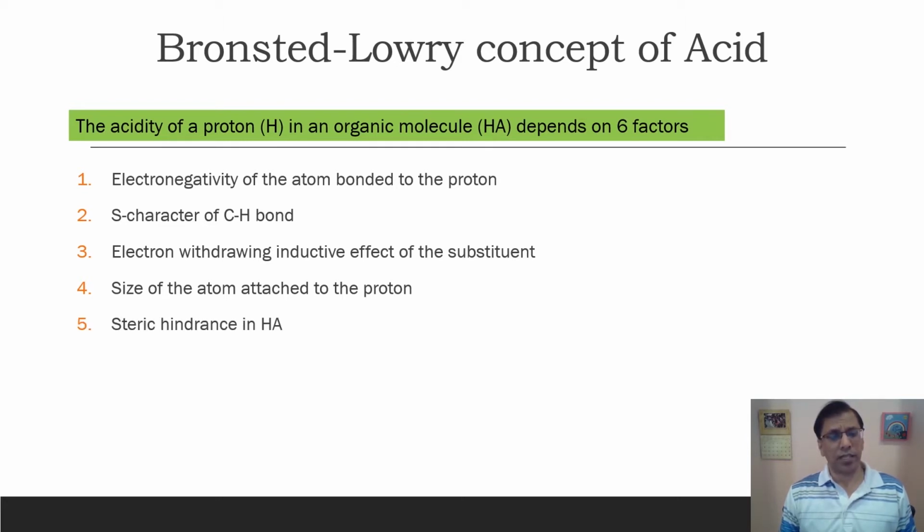The fifth factor is the steric hindrance in the organic molecule. And the last but most important factor is the delocalization of electrons by resonance in the anion that's formed after the loss of proton. We will cover each of these factors.